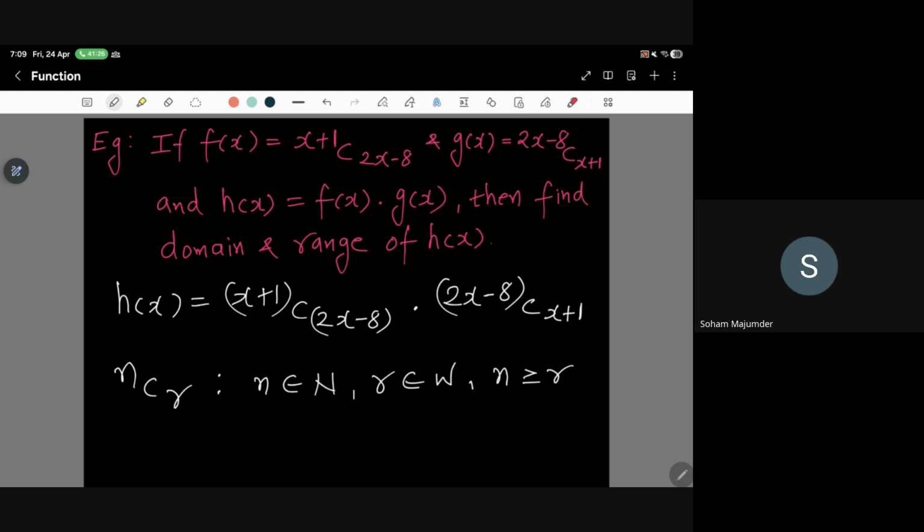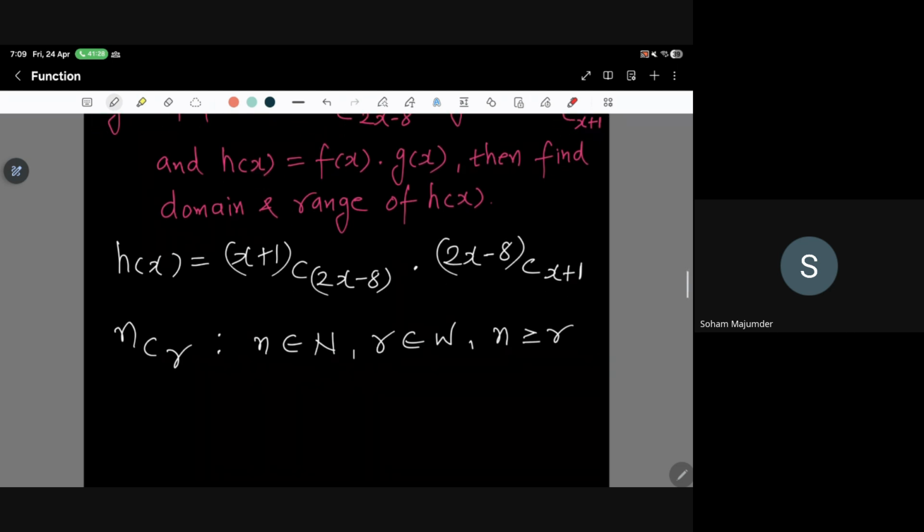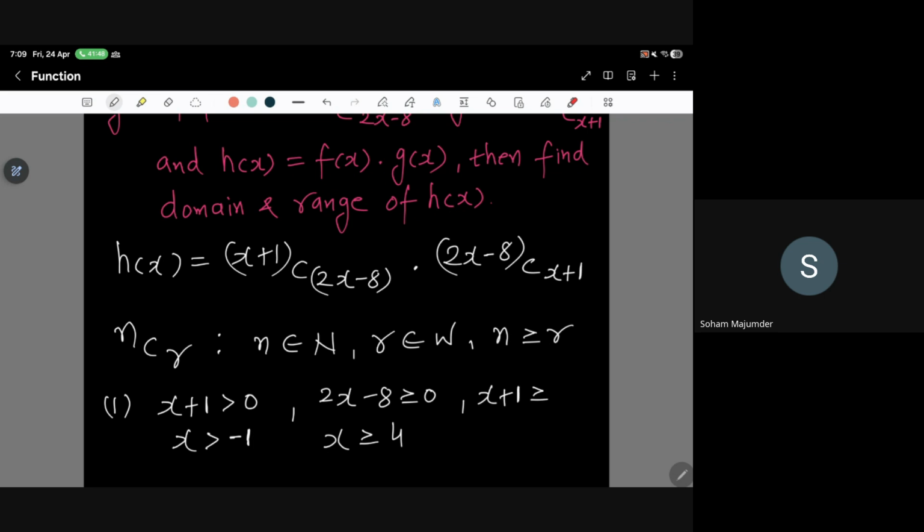These are the three conditions on nCr. So if we follow these three conditions for the first one, x+1 will be greater than 0, so x is greater than −1. Second condition, 2x−8, that is r, will be greater than or equal to 0. It means x will be greater than or equal to 4. Third condition, x+1 will be greater than or equal to 2x−8.